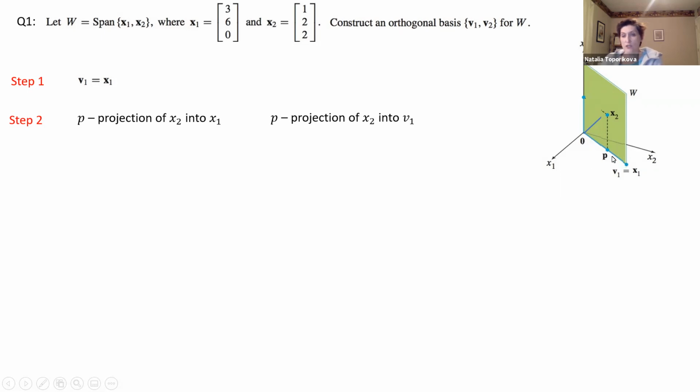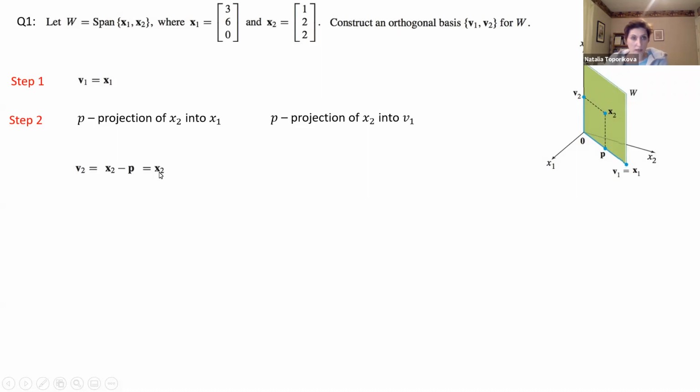And we'll call this projection p. Okay, so when we have a projection, we also can find its orthogonal component, which is exactly our vector v2, just the difference between our vector x2 and its projection p.